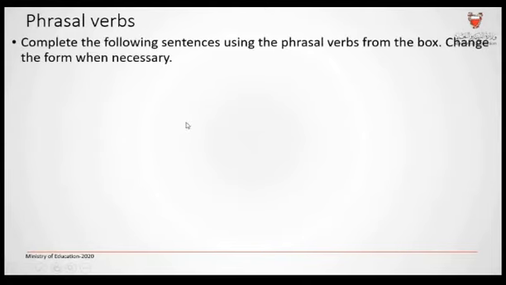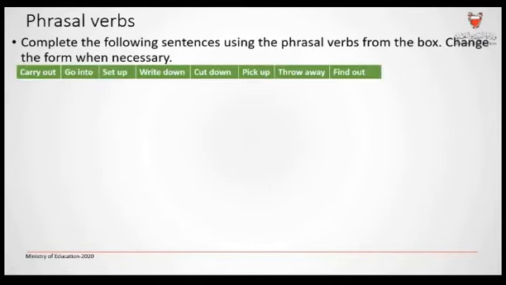See here. This is your first activity now. You will have to complete the following sentences using the phrasal verbs from the box. Pay attention that you will have to change the form when necessary.